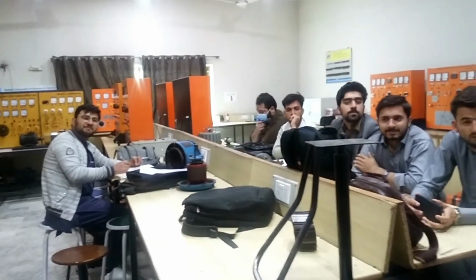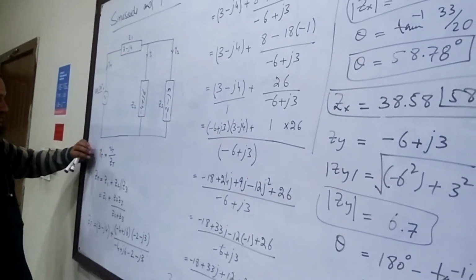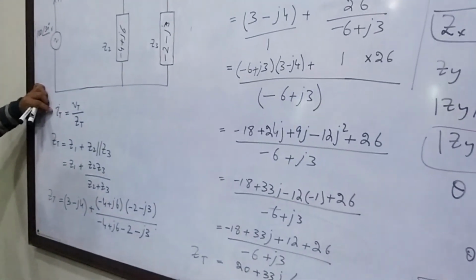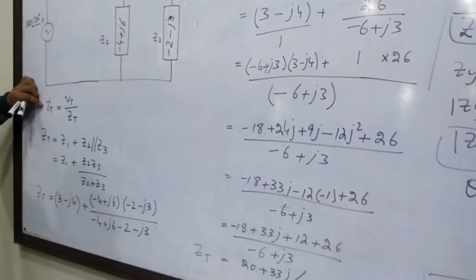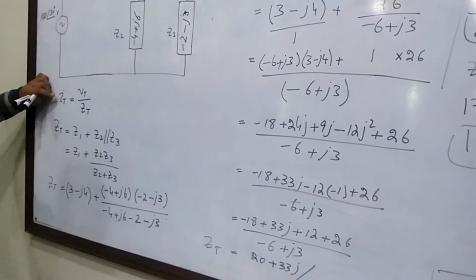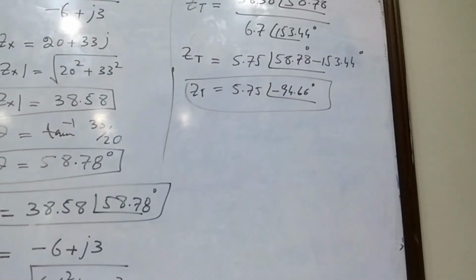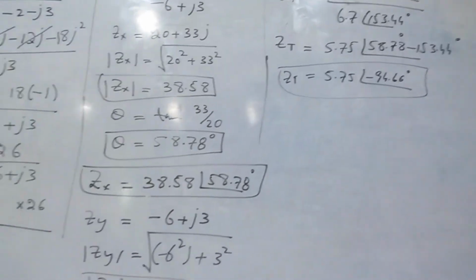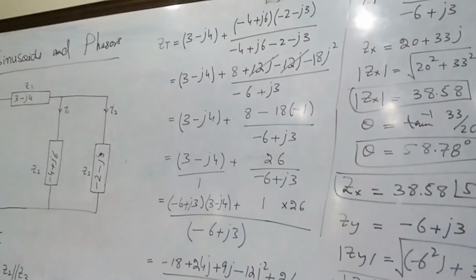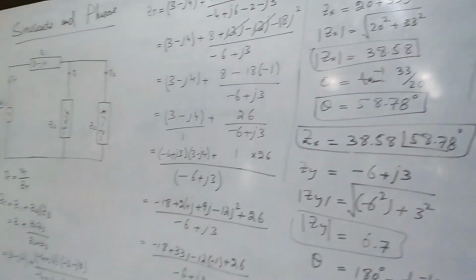Now we can calculate I total. That is V total divided by Z total, as we wrote over here. Was that easy or interesting? Not easy, interesting.